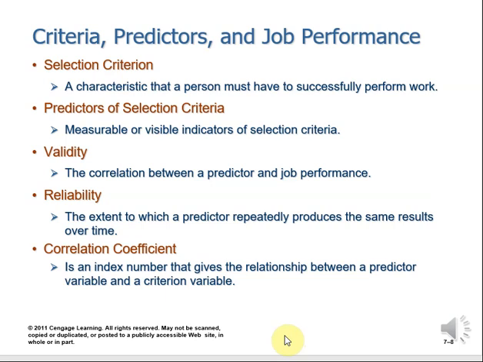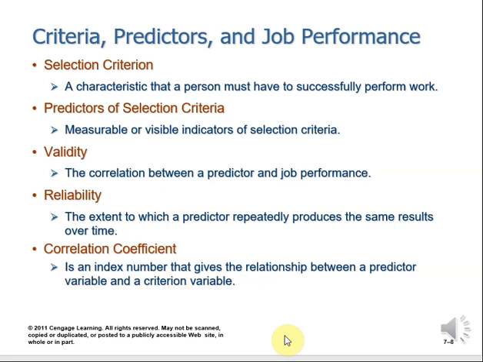So if I measure your mathematical ability and you get 975 out of 1,000, then that tells me that your math skills are pretty strong. So I could use that to predict your level of performance. It's a predictor of how well you'll do your job.